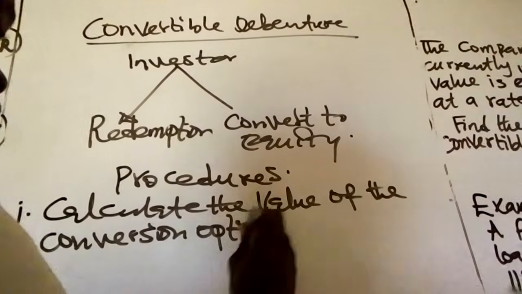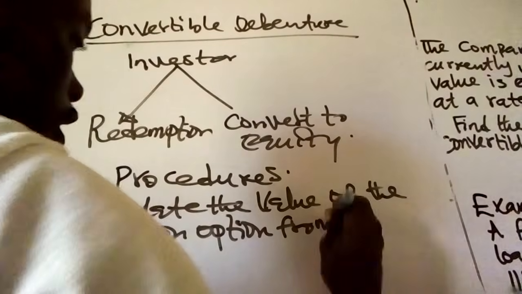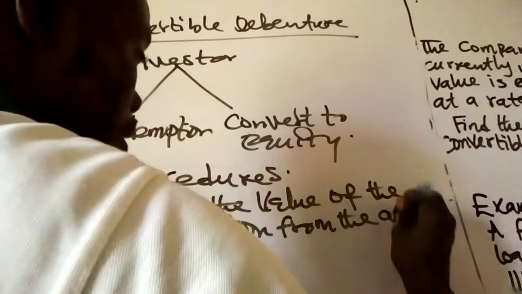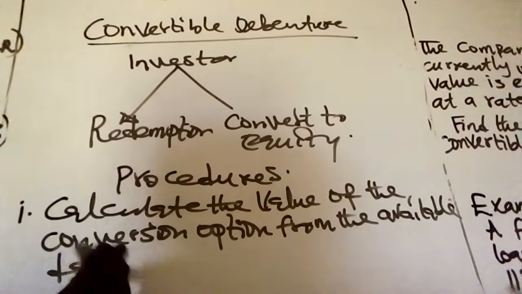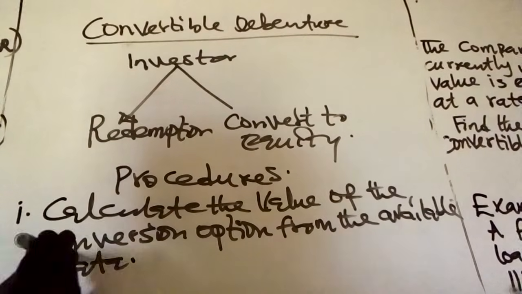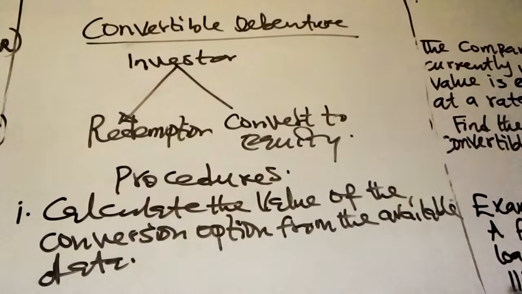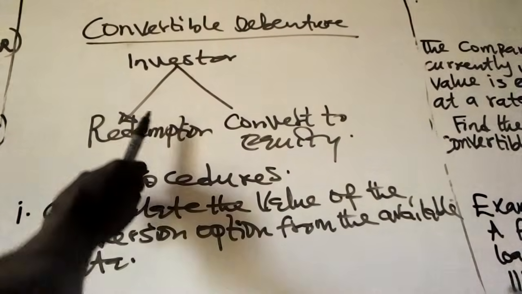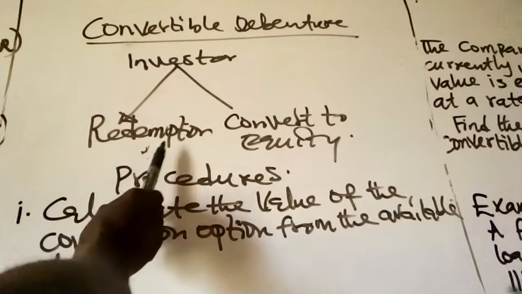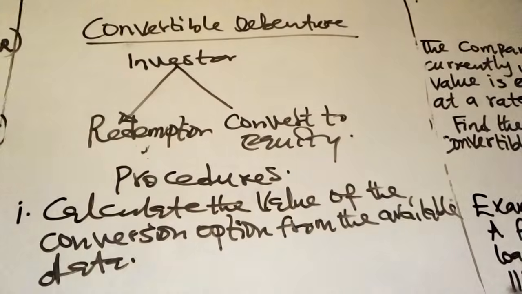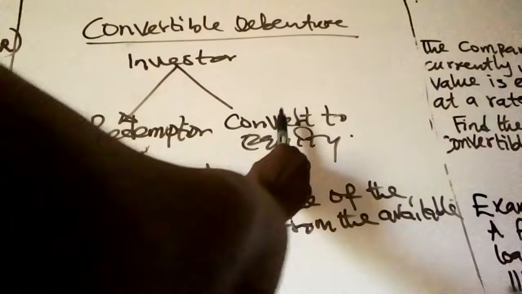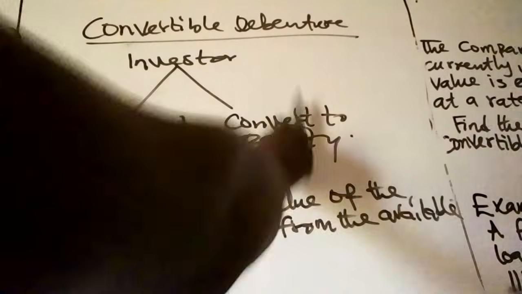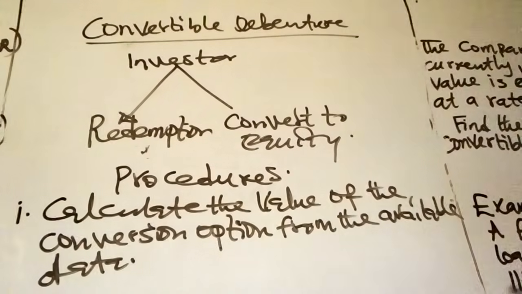Don't forget, you want to choose between redemption, that is repayment, or to convert them to equity. So that is why you will need to calculate the value of the conversion option. That is, how much will be the value if you convert them to equity. So you will need to determine that.